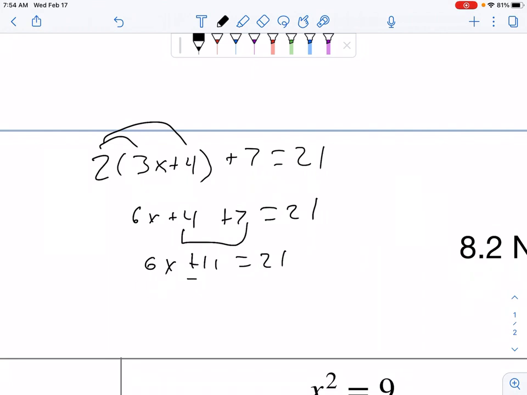Oh, no, it's not 4. Nightmare. 2 times 4 is 8, right? So 8 plus 7 is going to give us 15. Just trying to do this fast, and I shouldn't have. I subtract 15 from both sides, and 6x equals 6, and then we divide by 6, and x equals 1.